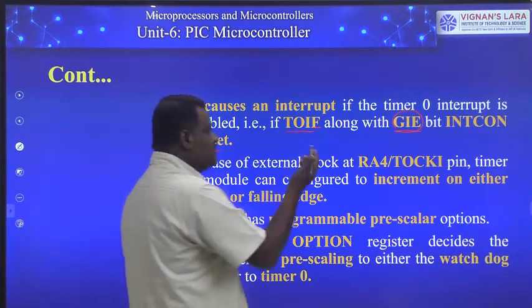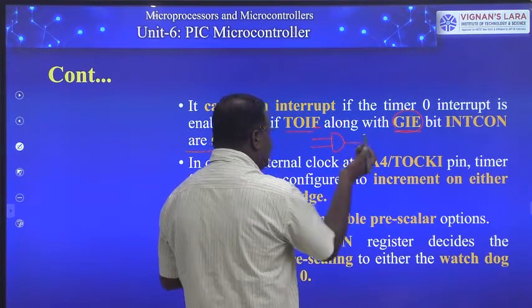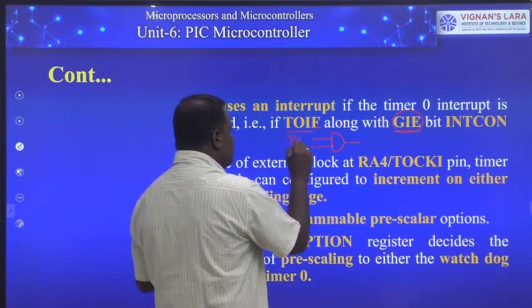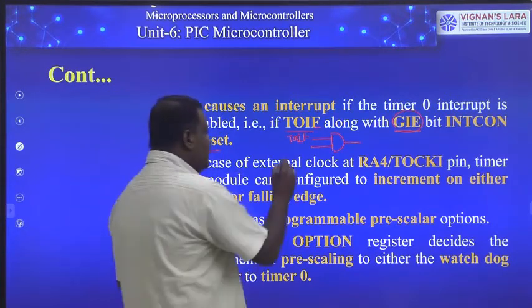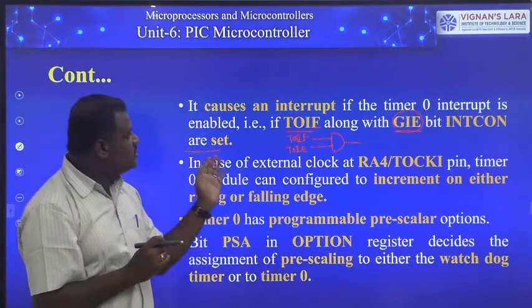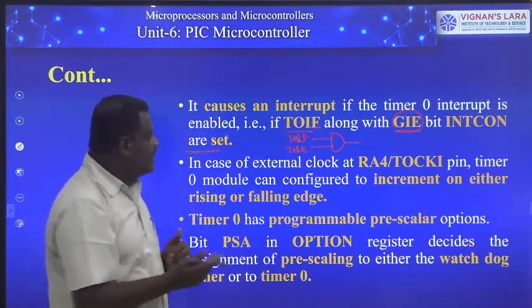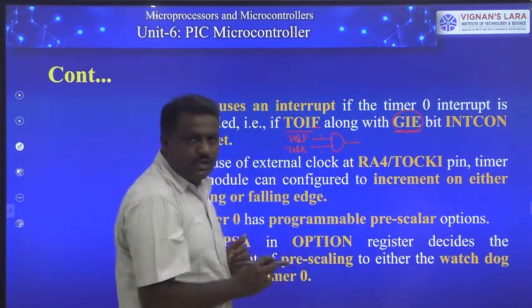See here, friends, for example, this is the scenario. These two are given to an AND gate. One is T0IF, the timer 0 overflow flag, and the next one is T0IE, the timer 0 overflow interrupt enable bit. If these two are set to 1, the output of the AND gate is 1.